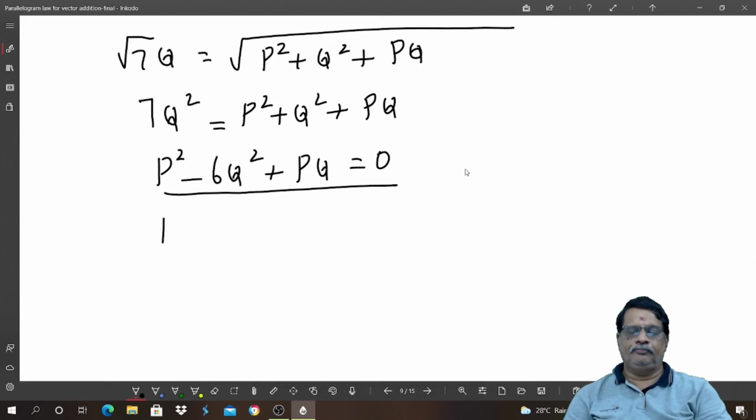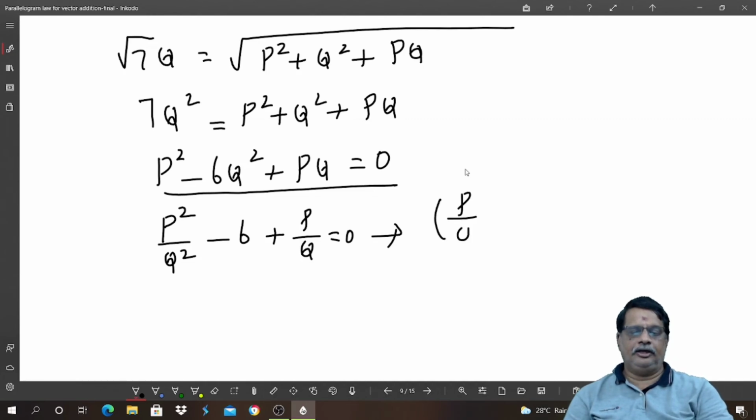So this will be P square by Q square minus 6 plus P by Q equal to 0, which can be written as P by Q the whole square plus P by Q minus 6 equal to 0.